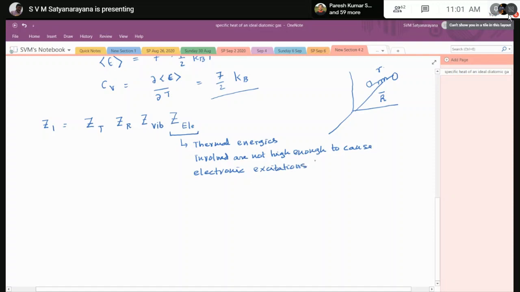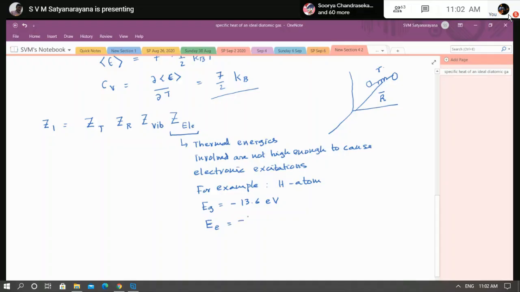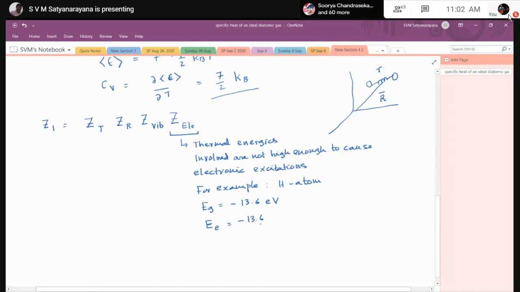Just to get an idea, for example, if you take a hydrogen atom, you have the ground state energy, which is minus 13.6 electron volts, and the first excited state energy, E excited, is minus 13.6 divided by 4 electron volts.